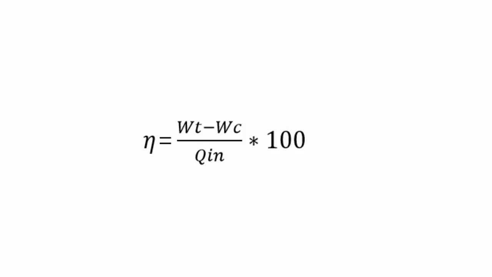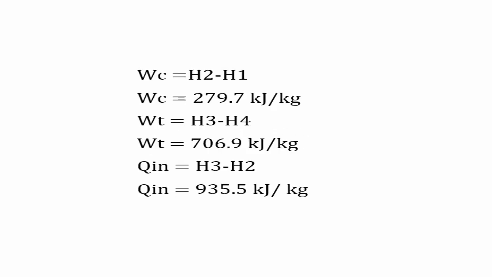The work done of compressor is enthalpy of stage 2 minus enthalpy of stage 1. When we calculated, the work done of compressor comes out at 279.7 kilojoules per kilogram.